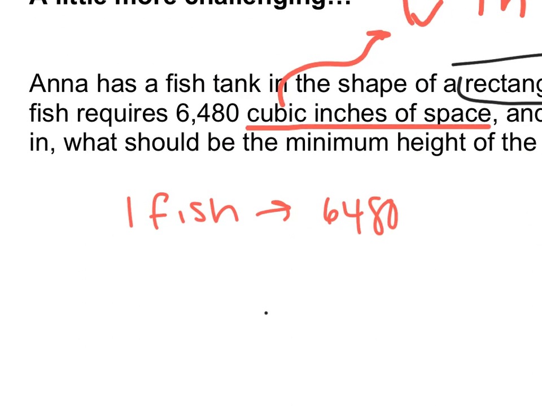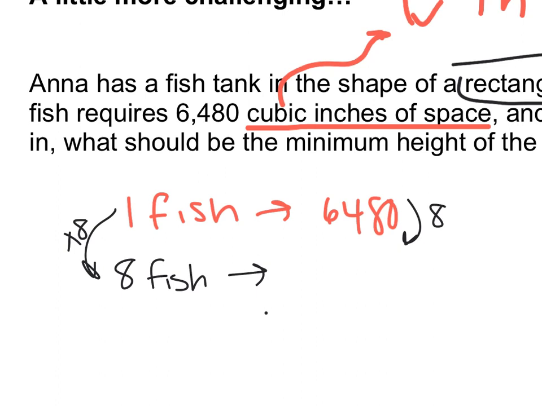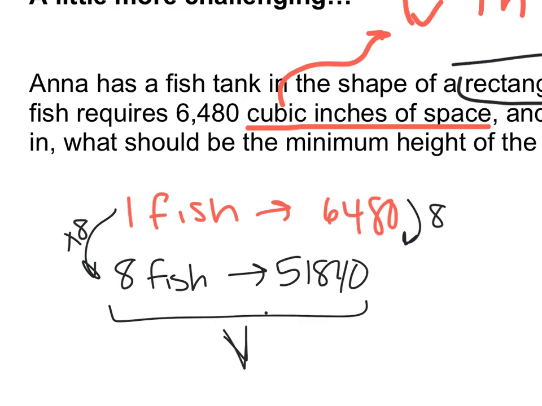So I'm going to zoom in a little so we can write it out. So 8 fish, and I want to find out how much space they take up. Well, I know to go from 1 to 8, I just multiply by 8. So now I multiply 6,480 by 8, and I get 51,840. So that is my volume that I'm dealing with.